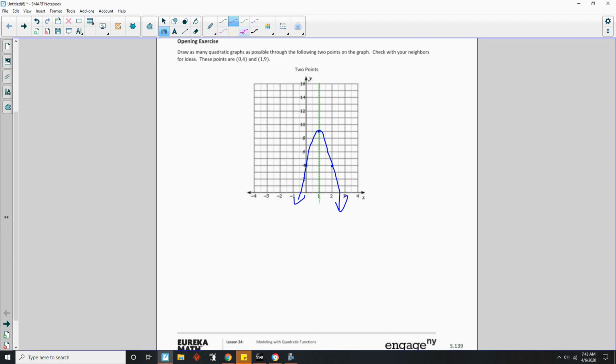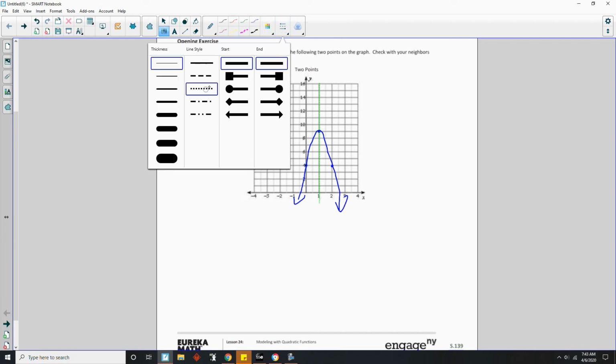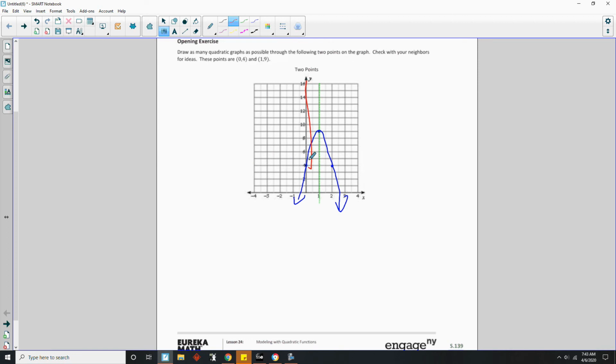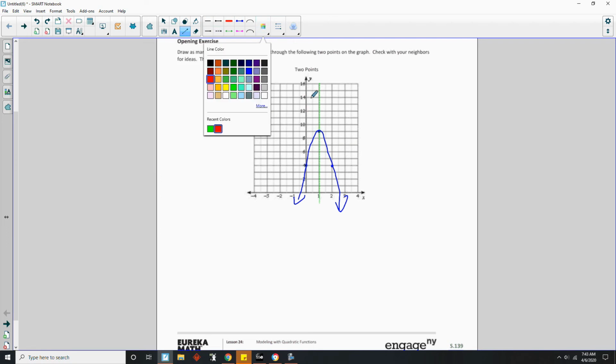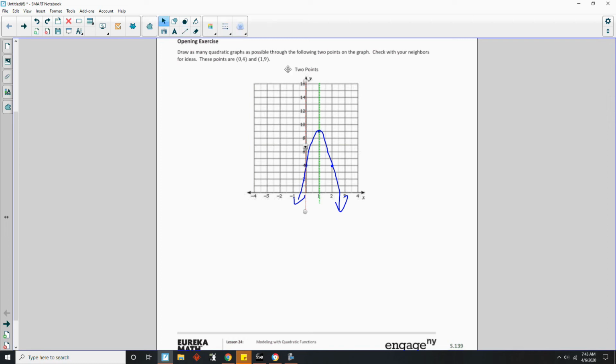Another one would be if I were to assume that this is my axis of symmetry. Let's do this, and make it red, and go through this. Make it a little thicker so we can see it.